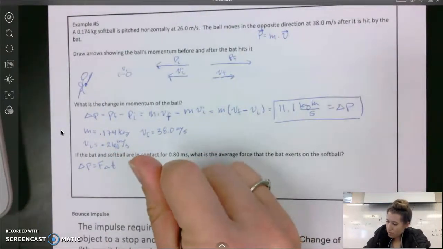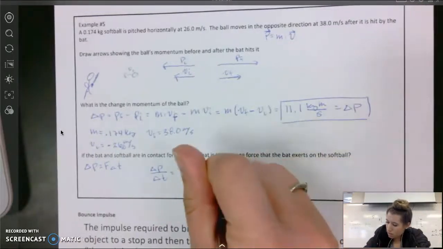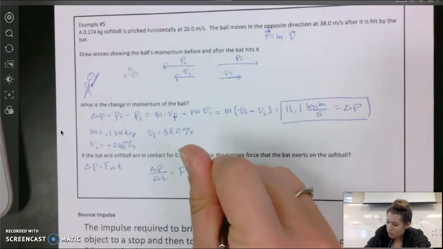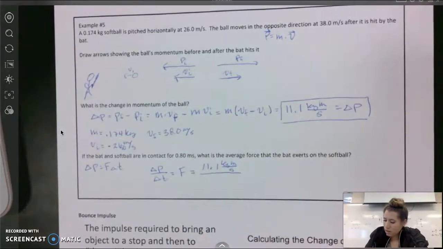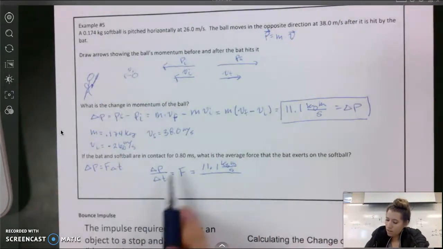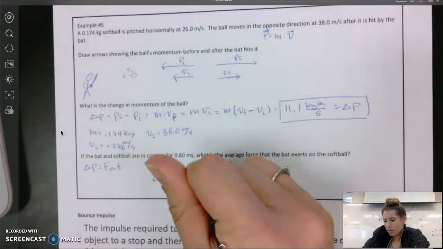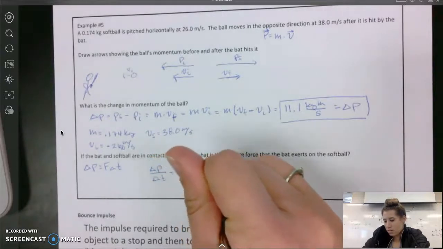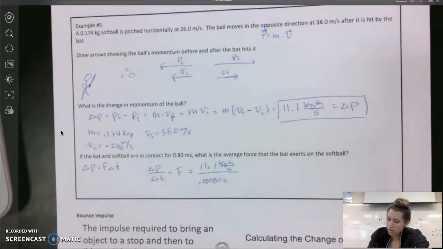So it'll be 11.1 kilogram meters per second divided by the time, milliseconds. So we need to put that into seconds. Okay, milliseconds.